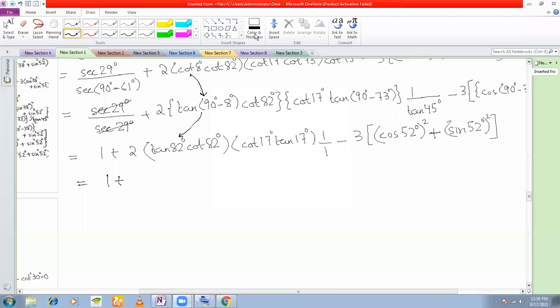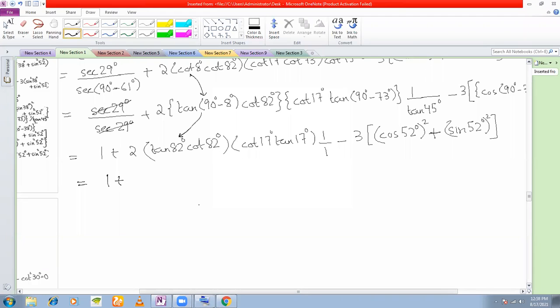What is the product of tan and cot? Anyone? Product of tan and cot is 1.